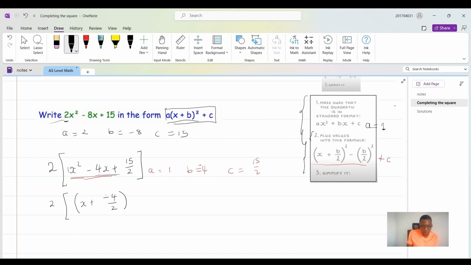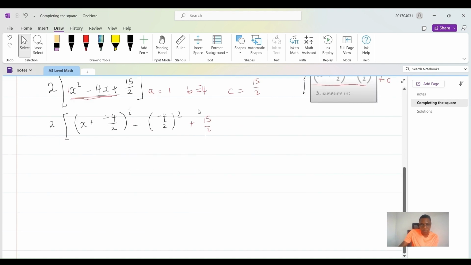And we need to close the bracket and square. Then minus b over 2, or b we said is negative 4. So it's negative 4 over 2, then square. Then we need to take on, remember, that constant. So in this case, the constant here is plus 15 over 2.